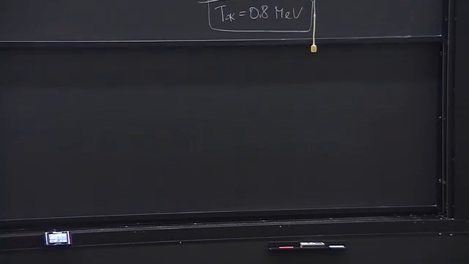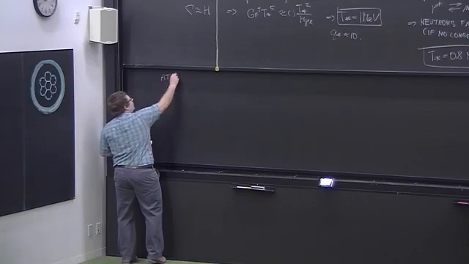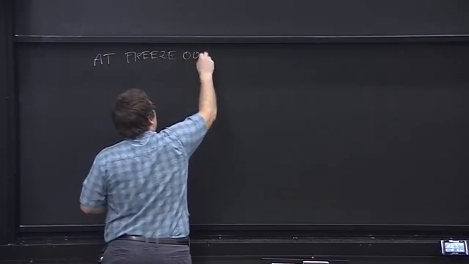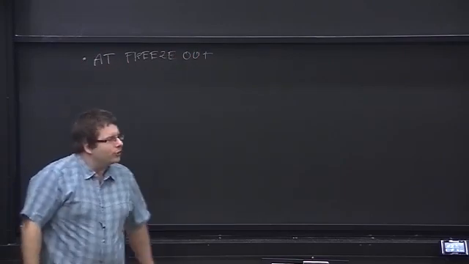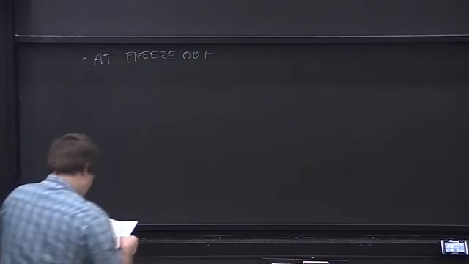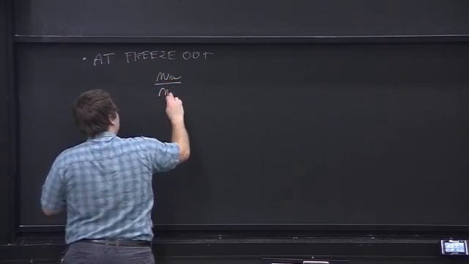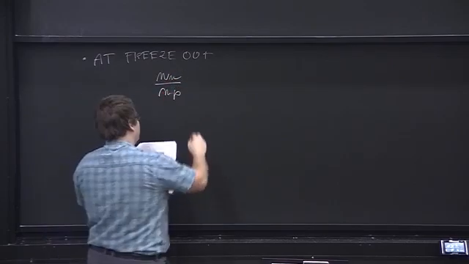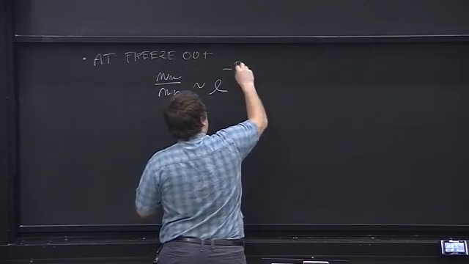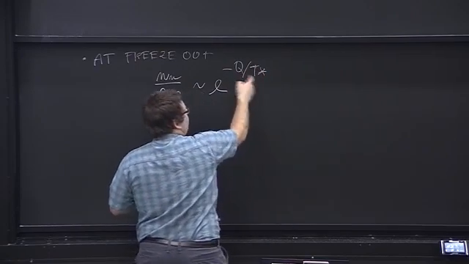Okay, so now at the freeze out, of course, the abundance of protons and neutrons is governed by their mass, and it's according just to the Boltzmann law, right? So the number of neutrons divided by the number of protons is just governed by the Boltzmann law, which is e to the minus Q over T star.